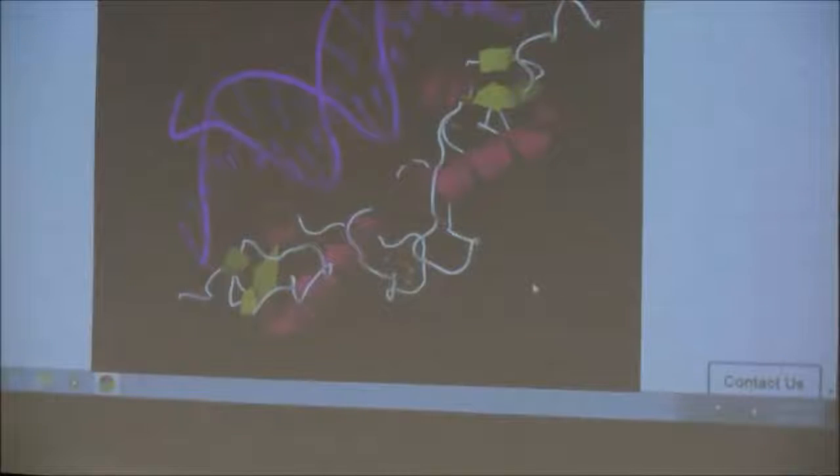So here we go, 3D view. That's a great view. So here's what we're looking at. I forget what the name of this transcription factor is. It's probably better seen in the dark. There we go.